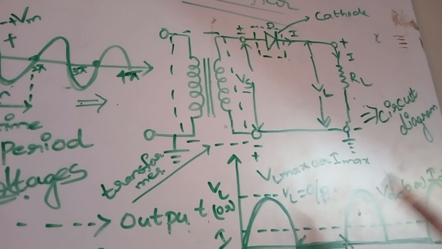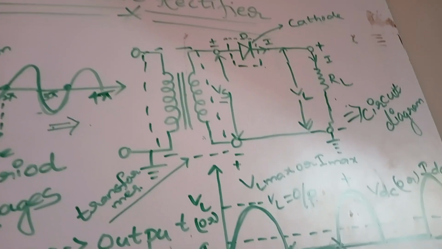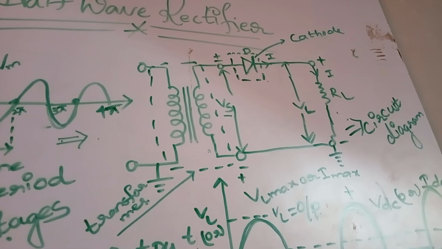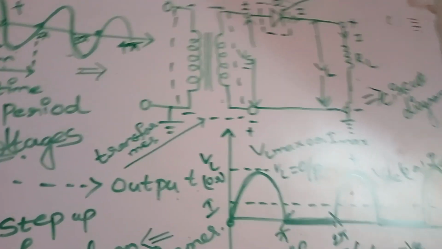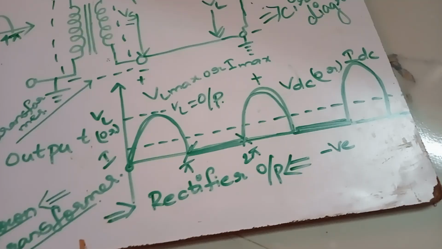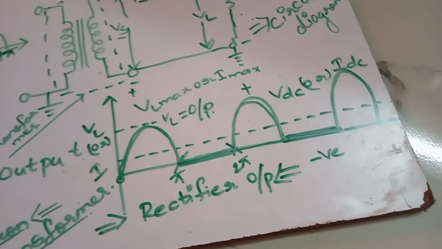Again it will take the positive half cycle, conduction takes place. Next, in the negative half cycle, it will not allow any current, and that output is said to be 0. So thus the output will be pulsating DC. This is the output waveform of the half wave rectifier.